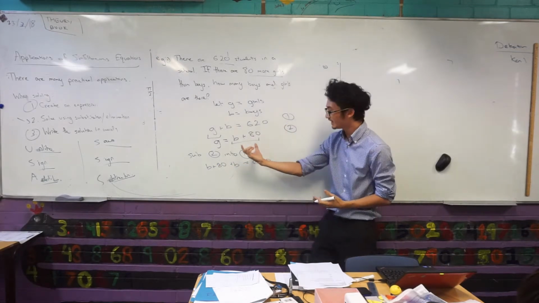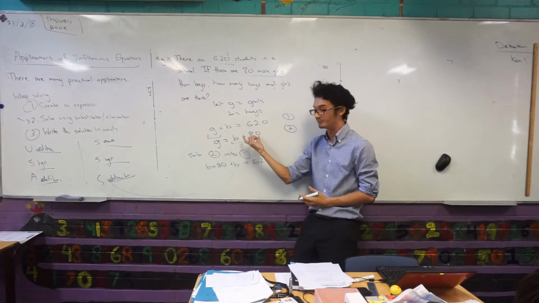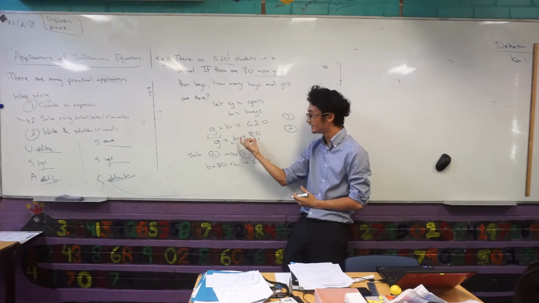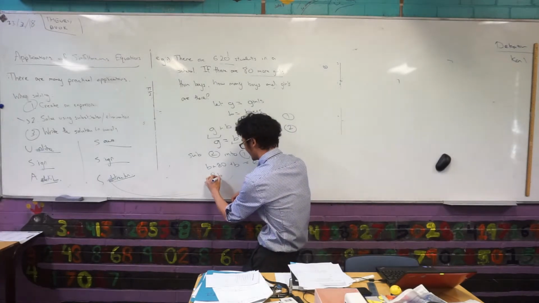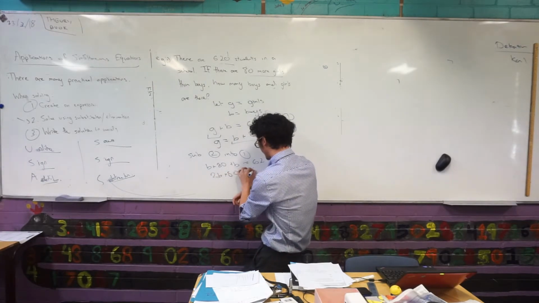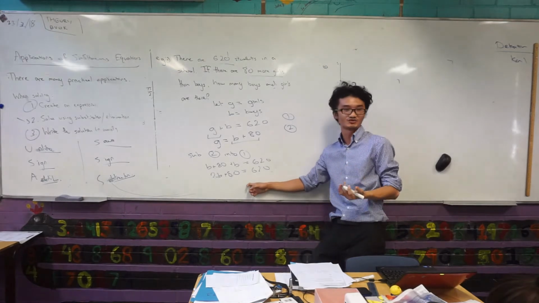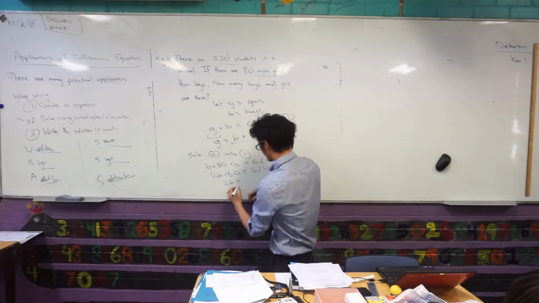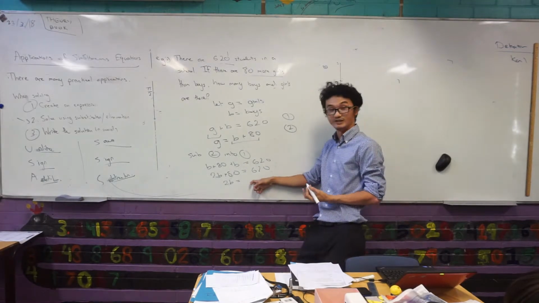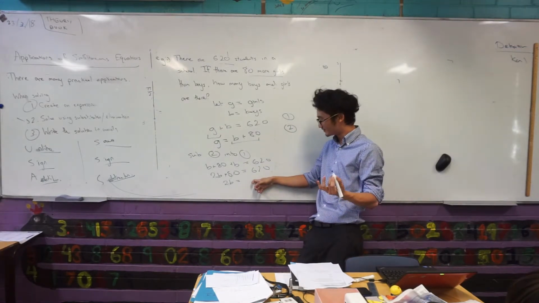That's all I'm doing. I'm taking what I know from this equation, that G is the same as B plus 80, and I'm putting it inside there. So here you get 2B plus 80 equals 620, and then you can just rearrange to solve it. So 2B equals, take away 80 from both sides.